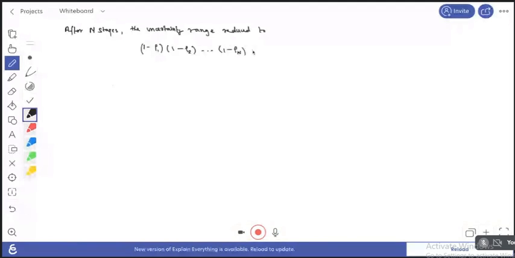And this value equals: 1 minus rho 1 is fn over f of n plus 1, multiplied by the second one, f of n minus 1 over fn, multiplied by the next one, fn minus 2 over fn minus 1, and the last term, which is f1 over f2.